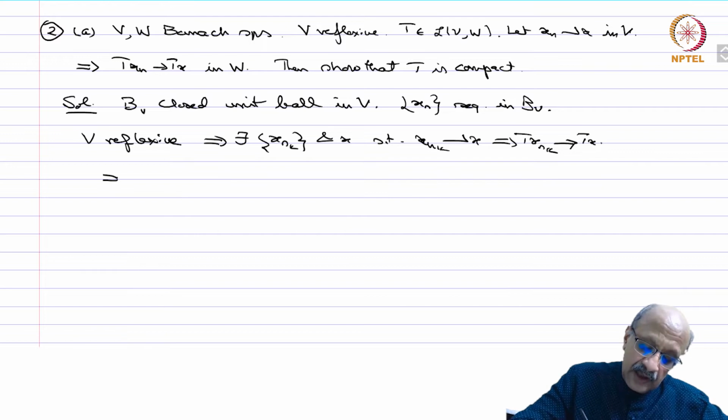Therefore, given any sequence x_n, a subsequence of Tx_n converges to Tx, therefore T of B_V closure is compact, that is, T is compact.